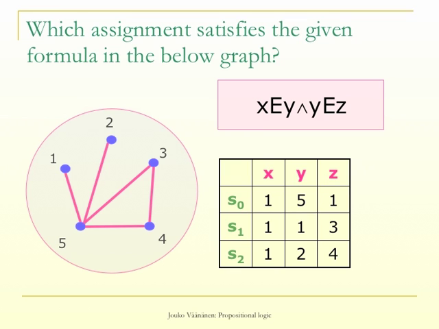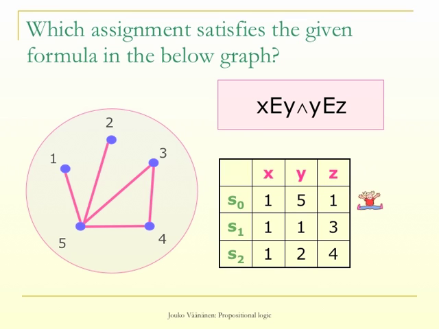Well, this formula says that there's an edge between X and Y, and there's an edge between Y and Z. So for each assignment we have to look at the values of X, Y, and Z. In the first assignment S0, the formula asks, is there an edge between 1 and 5? Yes, there is. And an edge between 5 and 1? Yes, there is.